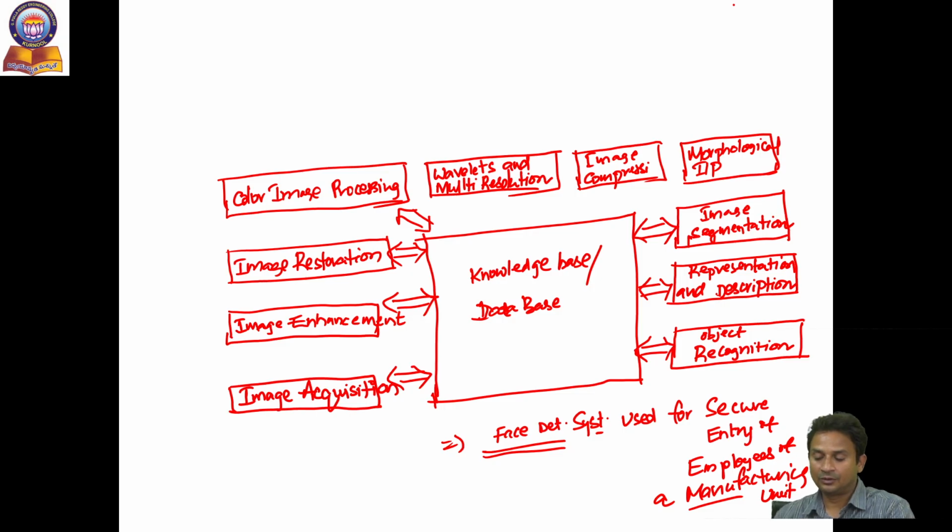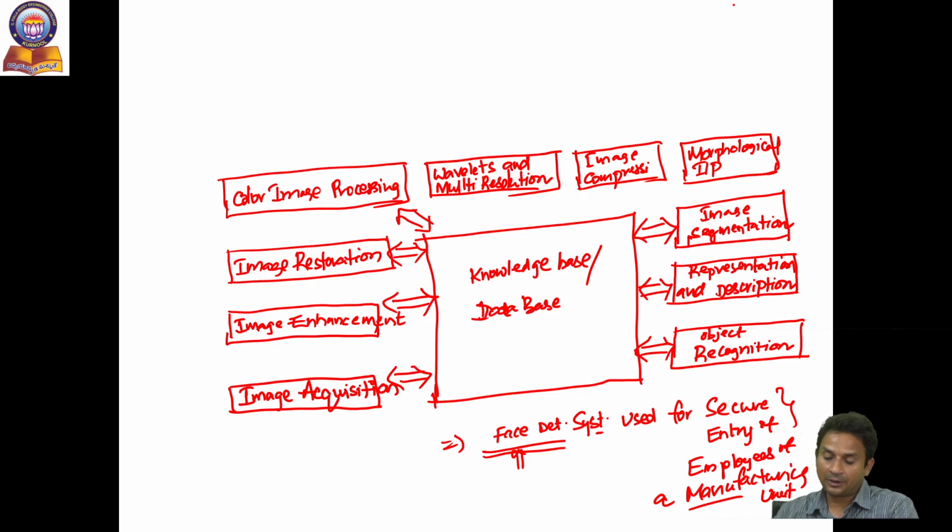So this is a simple system used for security entry of the employees of a manufacturing unit by detecting the faces. Okay, so the knowledge base, the database, should have the images of all 1,000 employees. Only then can we implement the system, run it, and deploy it for real-time use.